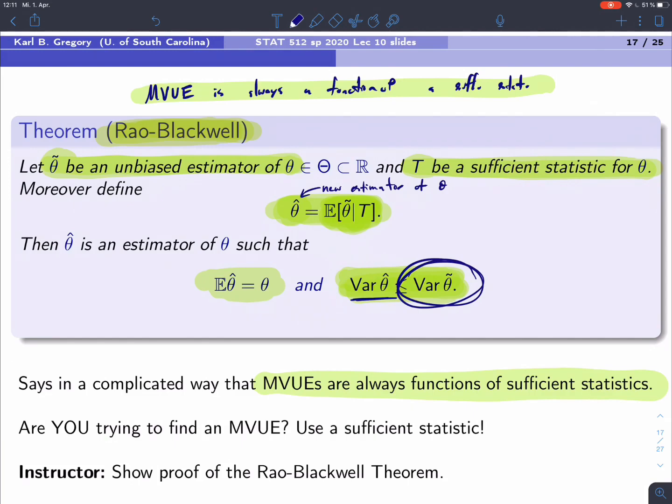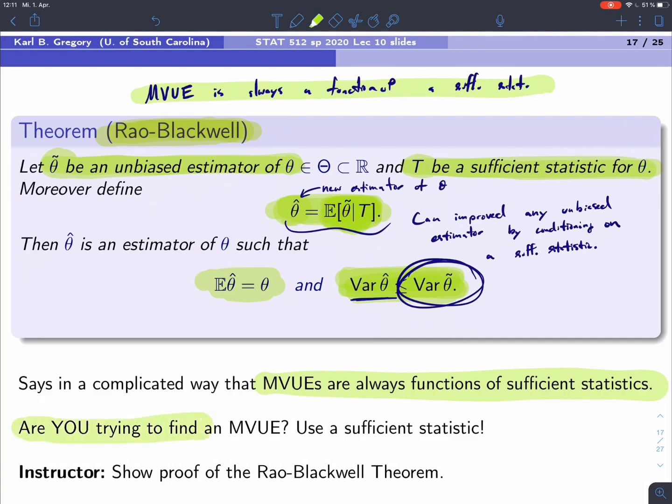So basically, we can improve any unbiased estimator by conditioning on a sufficient statistic. Okay, what do I want us to really take from this theorem?